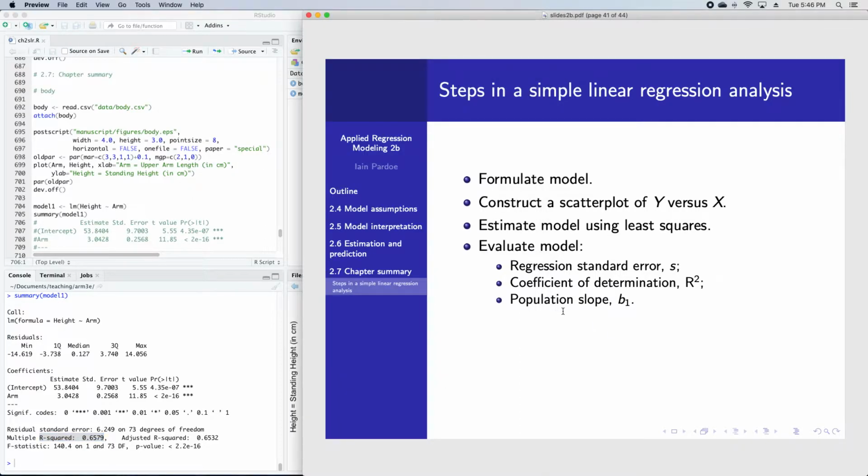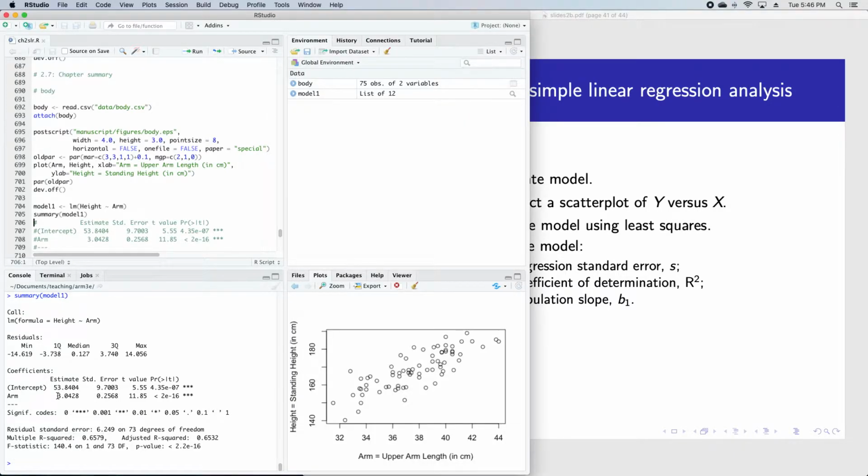And then finally I'm going to look at the population slope, B1. So here's my estimated slope. Here's its standard error. And if I divide the estimate by the standard error, I get this t statistic here. And that has a p-value that's essentially 0, smaller than 2 times 10 to the minus 16.